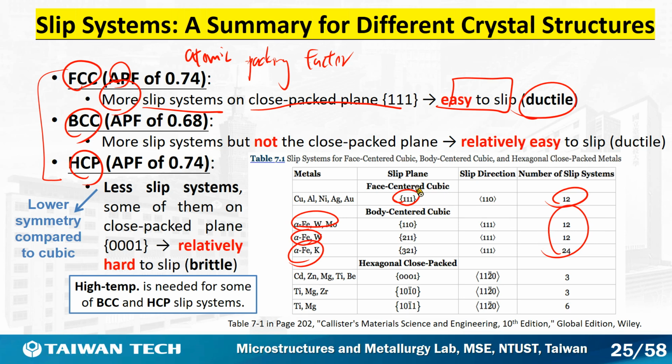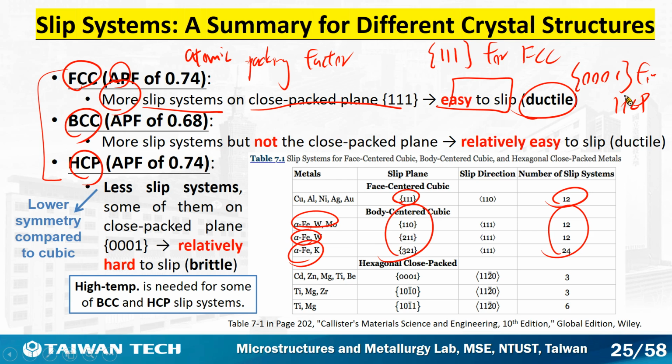However, none of them belong to the close-packed plane because we only have two close-packed planes. The first one is {111} for FCC, and the second is {0001} for HCP.